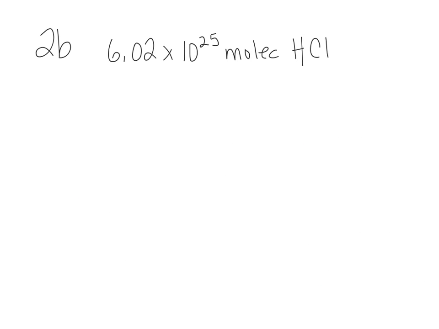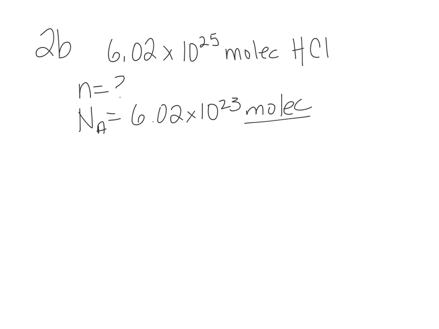Calculate the amount, so we're looking for the number of moles. We always know Avogadro's number. It's hydrogen chloride, so it's that number of molecules for 1 mole. So N is equal to big N divided by NA.